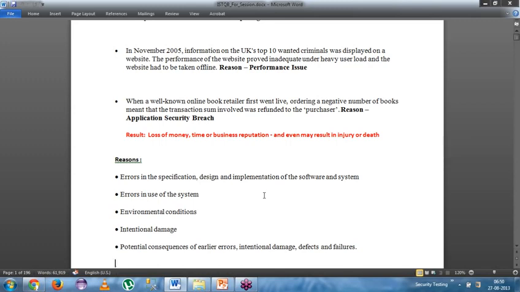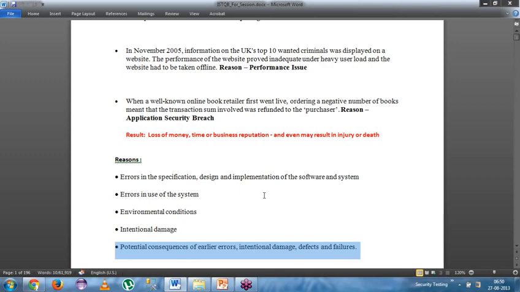We will also sometimes have environmental conditions, and you may have a hacking attitude where you intentionally try to damage that particular application. Another reason is that there might already be an error that exists, but with the clear intention of damaging it further, you attack the system, with potential consequences of earlier errors.